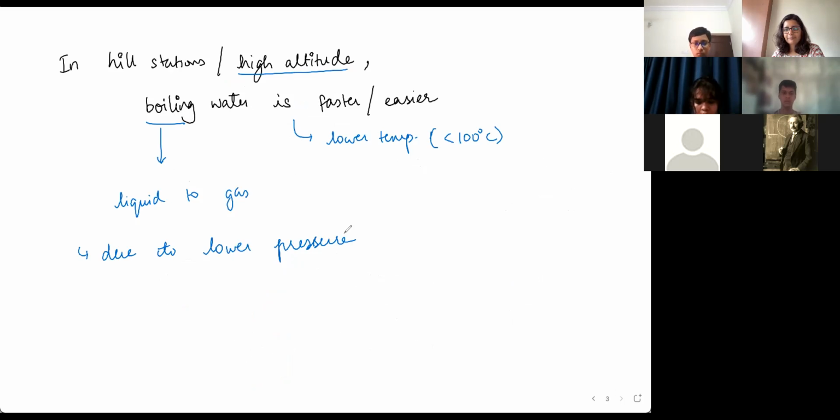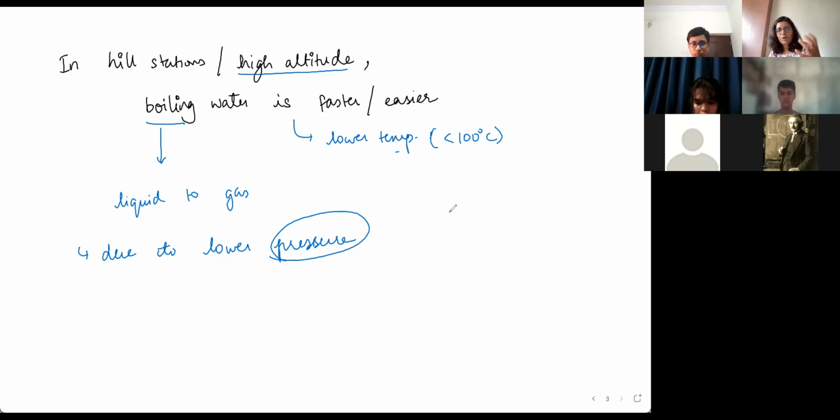Okay. So at what temperature is boiling happening? It's not a set temperature. We know the pressure is lower, but by how much it is lower than 1 atmosphere will decide the temperature. If we go extremely high, it may boil at around 95 or 96.